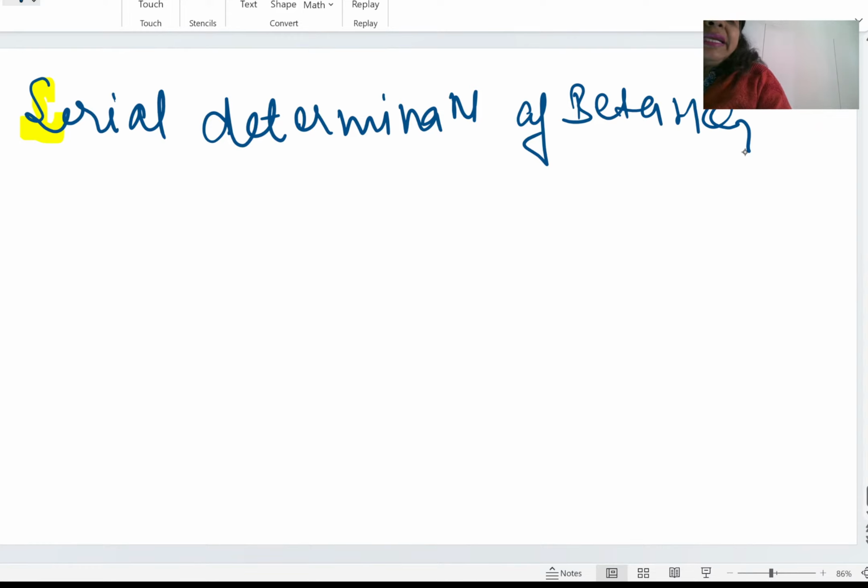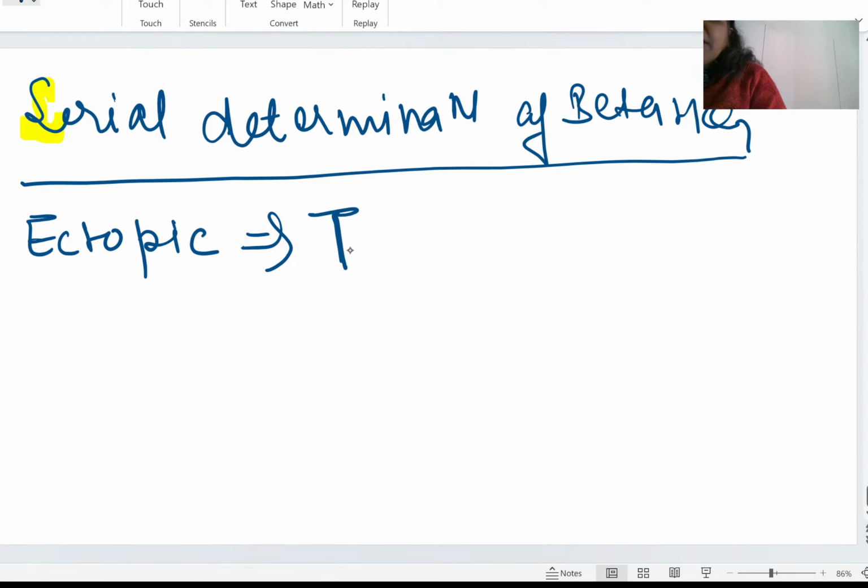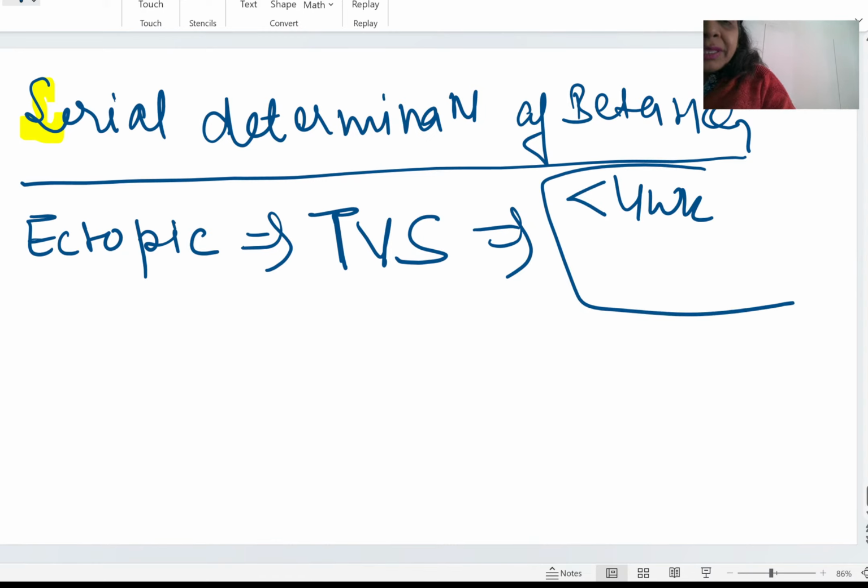Yeah, serial determination of beta HCG. In ectopic pregnancy, we studied that transvaginal scan is the best investigation, right? But yes, if the patient comes to us at less than 4 weeks, then we do serial determination. But how many times do we do it in ectopic?